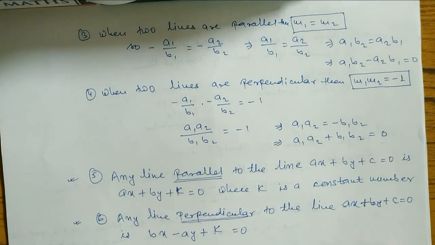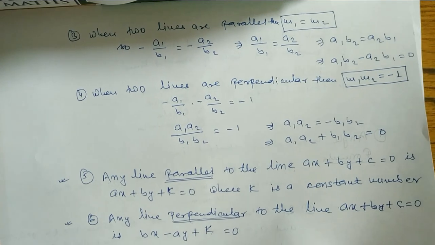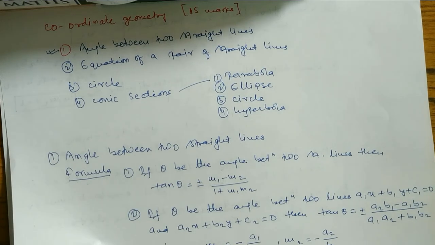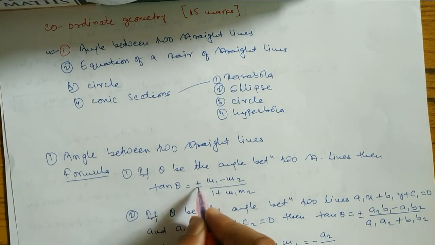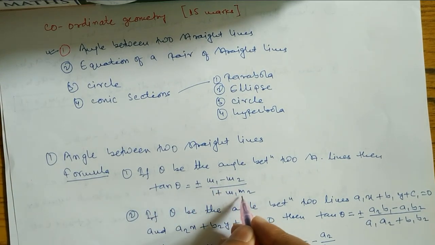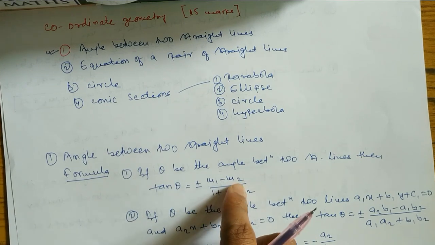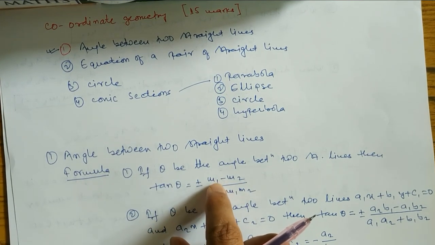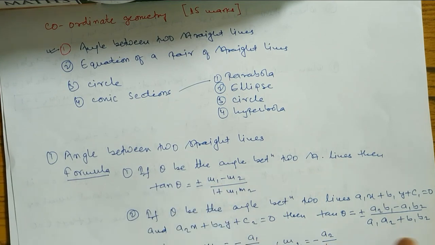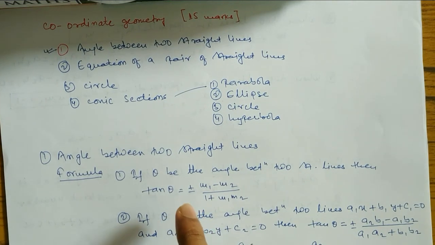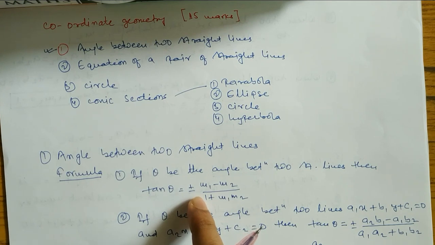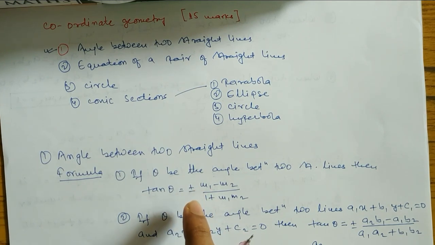Another thing you have to know: tan theta is equal to plus minus (m1 minus m2) by (1 plus m1 m2). If this has a positive sign, then the angle between two lines is acute. To find the acute angle you have to take positive. To find the obtuse angle you have to take the negative sign.